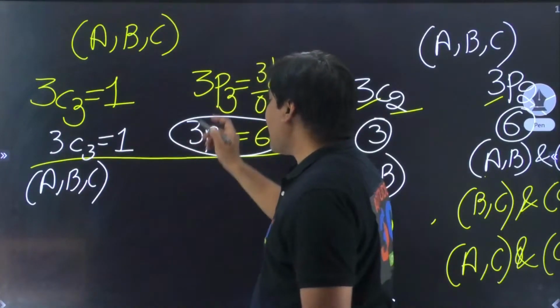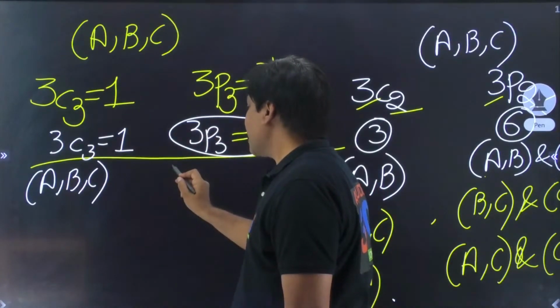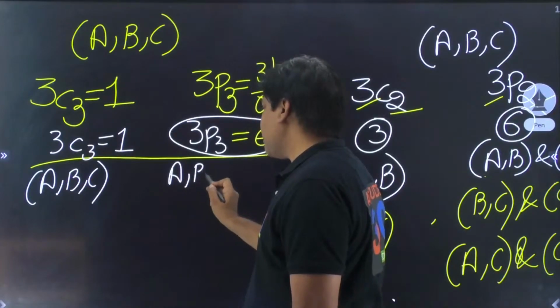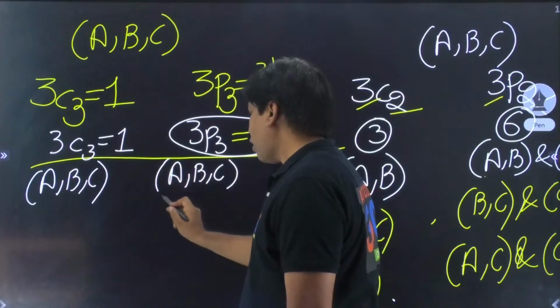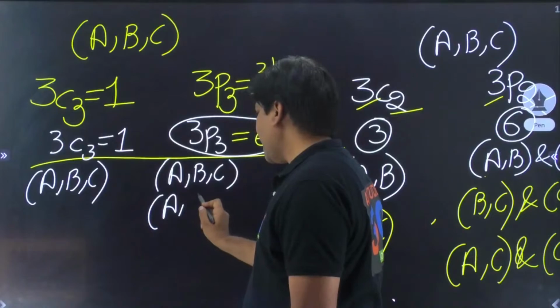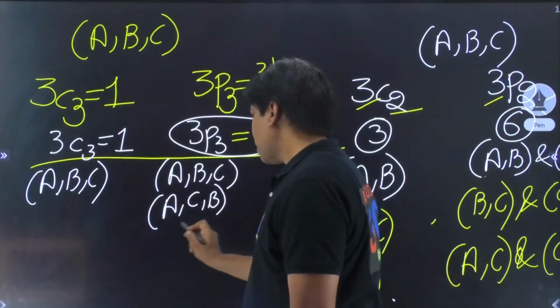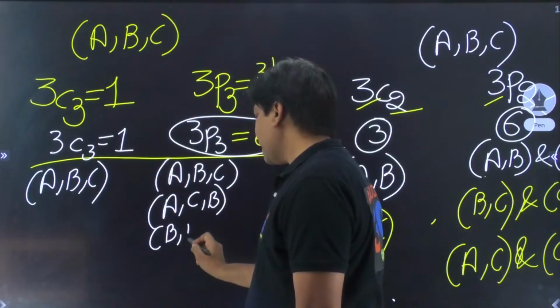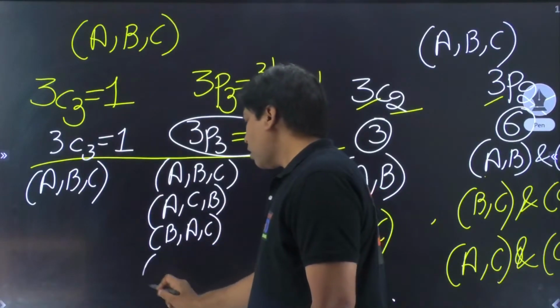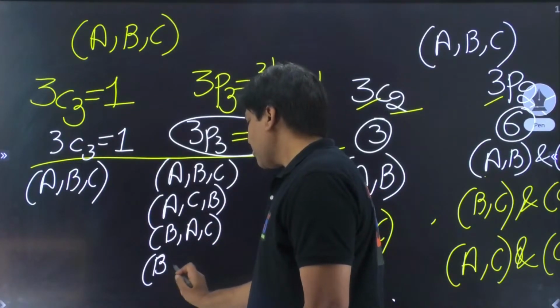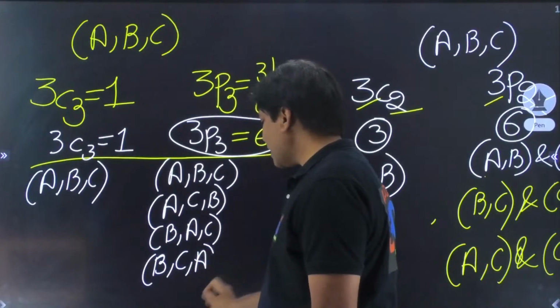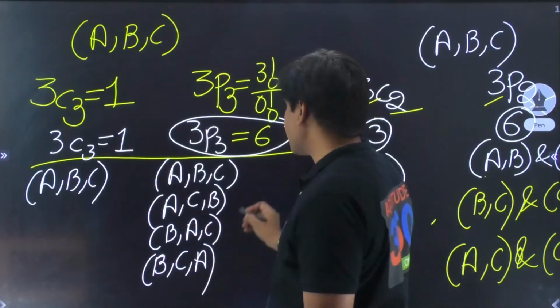But if you write it here, you have to write: if you select A and then B and then C, or maybe A C B, or B A C, or B C A. Are you understanding this? Do you see how things are changing?